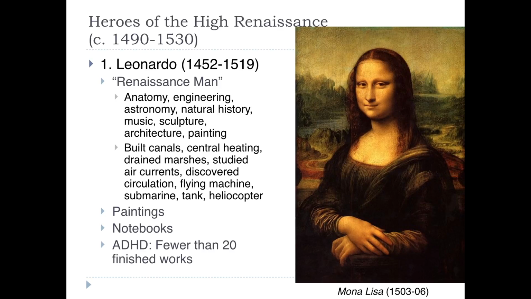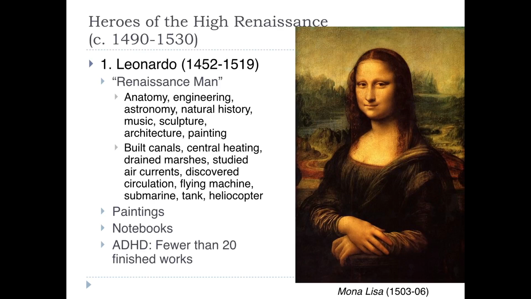He was responsible for building canals. I wouldn't say he's the inventor, but we think he's one of the earliest to discover a way to use central heating in a building. He drained marshes. He studied air currents and discovered circulation in the human body. He was fascinated by the human body.